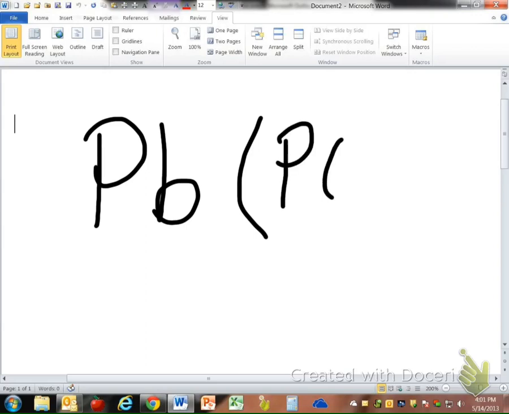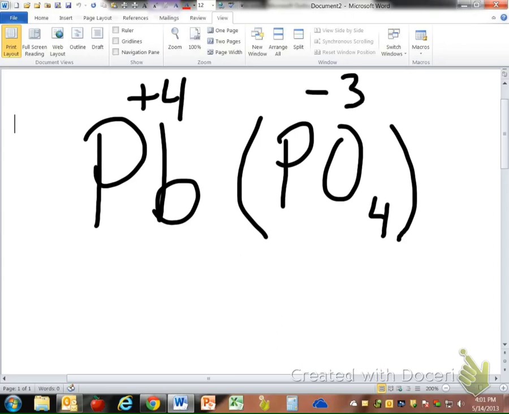PO4 is phosphate, so I'm going to do lead phosphate. This is straight off one of the worksheets we did, and we're saying that lead is going to use the plus 4. So it's going to share 4 electrons. And phosphate, its oxidation is negative 3.